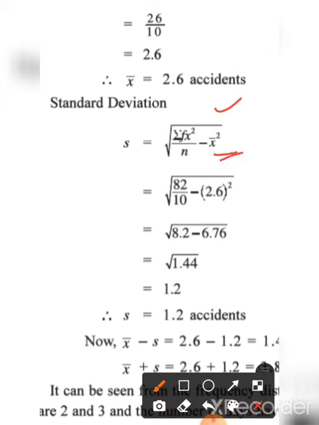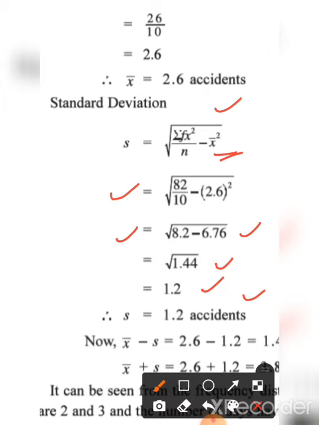Now from the table and from the mean we found above, you are going to put all the values into the next step. 82 divided by 10 will give you 8.2, and the square of 2.6 will give you 6.76. Just deduct them, and you will have under root 1.44. As you do the root of it, it will give you 1.2. So your standard deviation is 1.2 accidents.